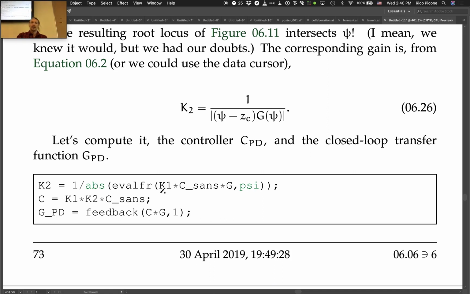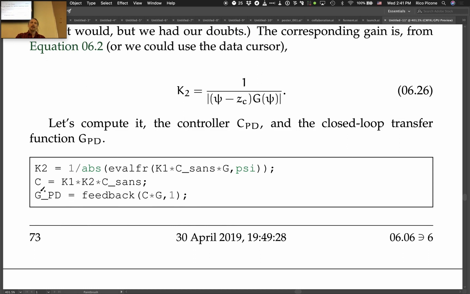So K2 is equation 6.26, which comes from lecture 6.1, I believe it was, which is determining a gain that corresponds to a certain root locus point. Good. So once I've got my K2, either from the data cursor or from this analytic expression, either one is fine, my compensator is complete now, so I've got K1, K2, and C without the gains. And then I've got my closed loop compensated system.